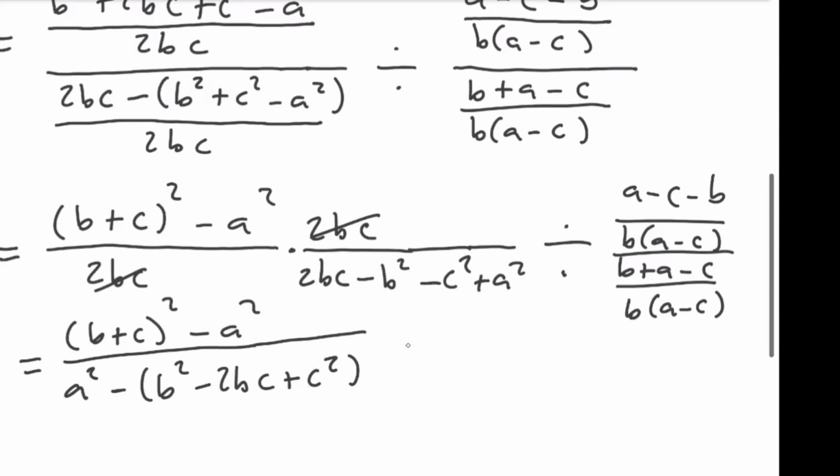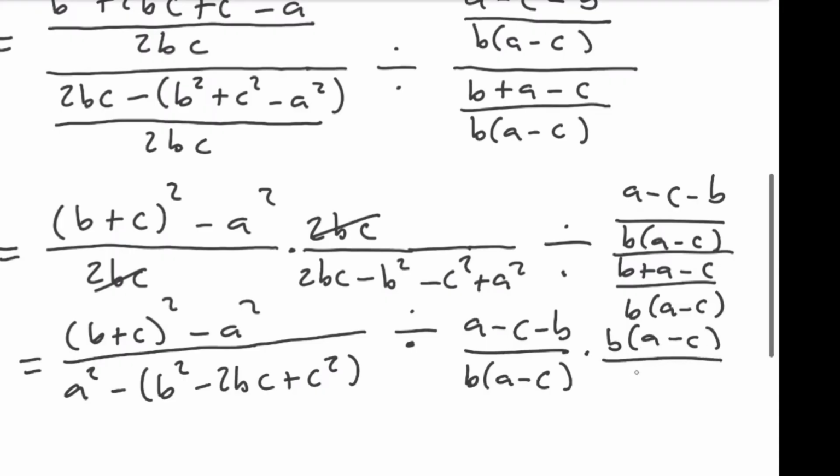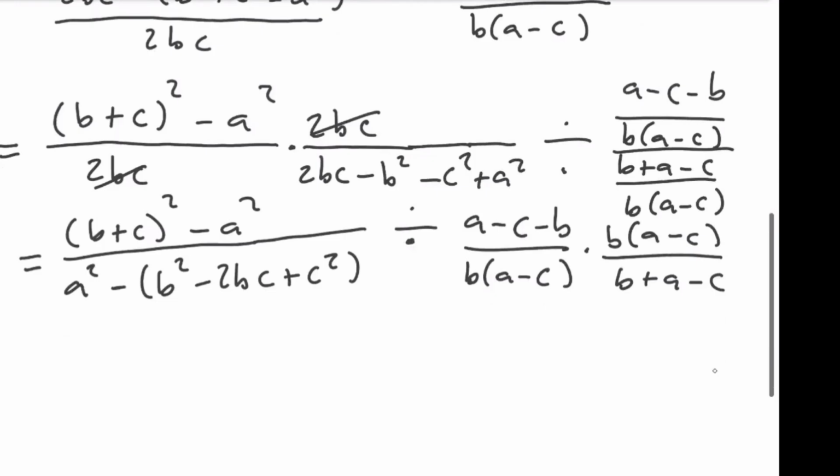And then here, now that I have room, I can divide first still, because I need to mess with this. But I can multiply by the inverse here. So this is a minus c minus b over b times a minus c, and then times b times a minus c over b plus a minus c. And then we have the b times a minus c over b times a minus c.